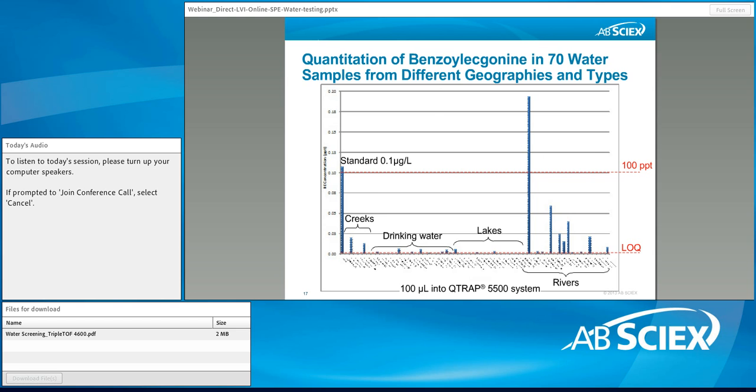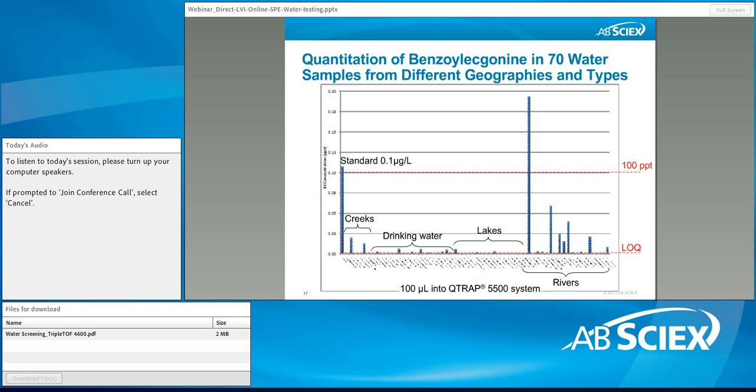The LOQ for benzoylecgonine was somewhere in the 1 or 2 parts per trillion range. In the red line in the middle, you can see the 100 parts per trillion level we also injected as a control standard. We had samples from different countries, different continents, and different types of waters: little creeks, drinking water, lakes, and rivers.